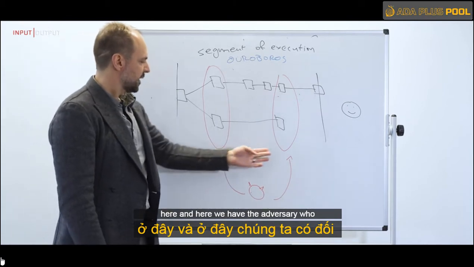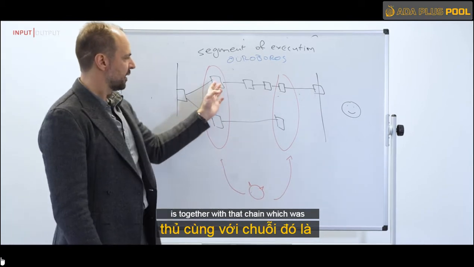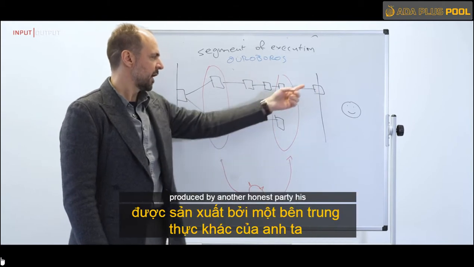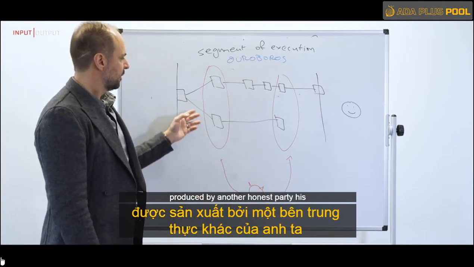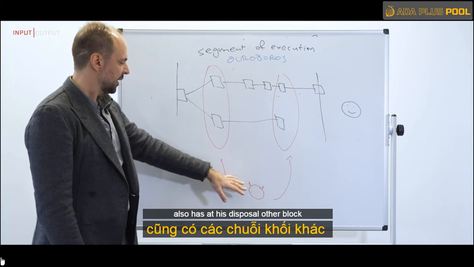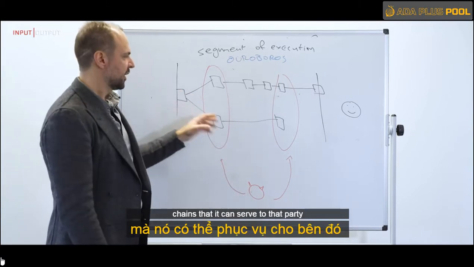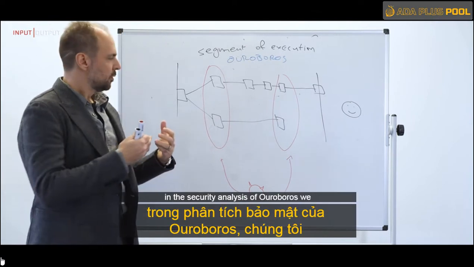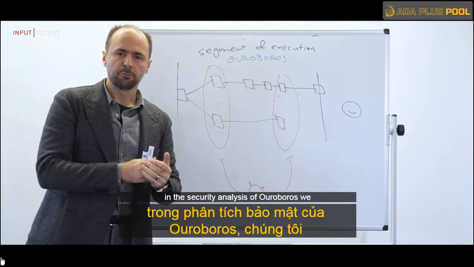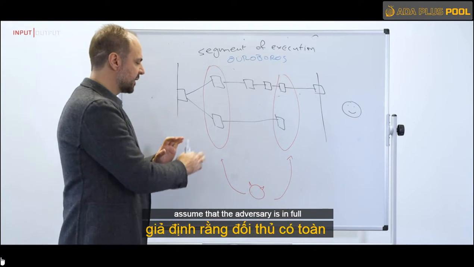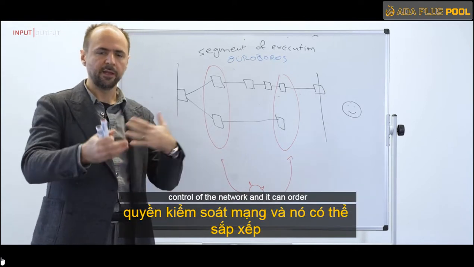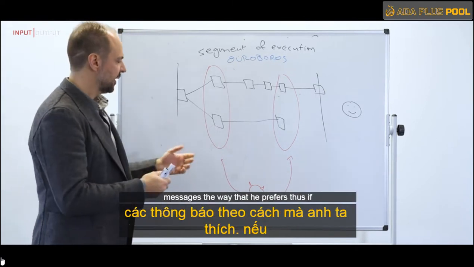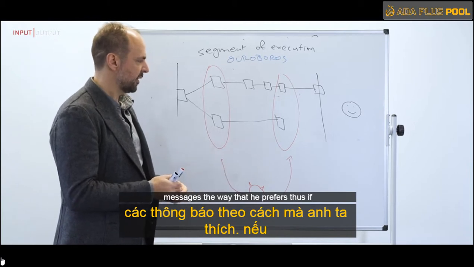And here we have the adversary, together with that chain which was produced by another honest party. He also has at his disposal other blockchains that he can serve to that party. In the security analysis of Ouroboros, we assume that the adversary is in full control of the network and can order messages the way that he prefers.